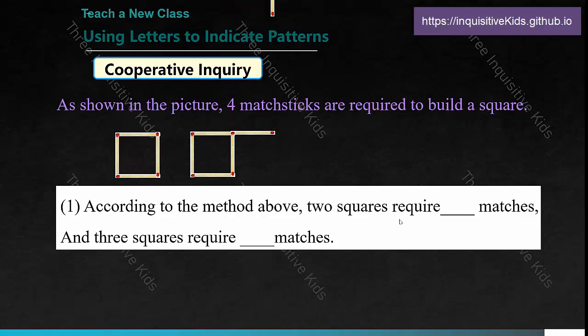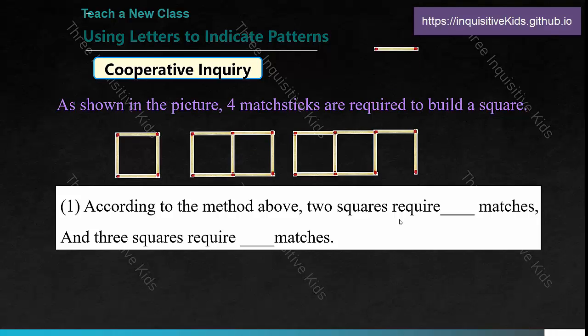So here's a visual of that. It continues on. So how many matches does 2 squares require? Well, this is 4, and then it adds on 3 more, so that's 7.